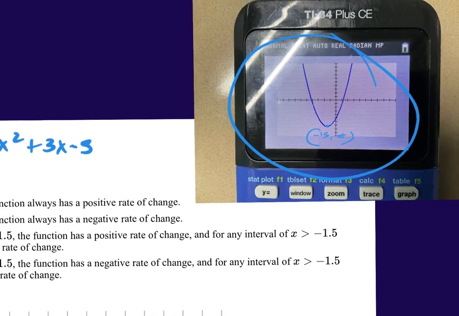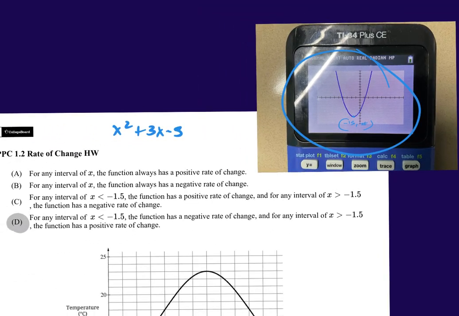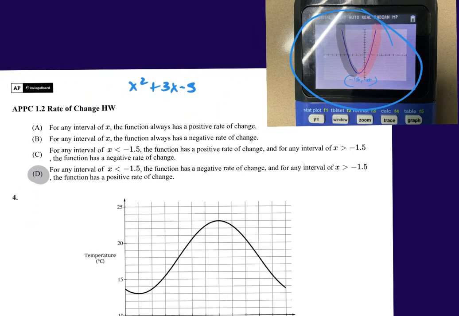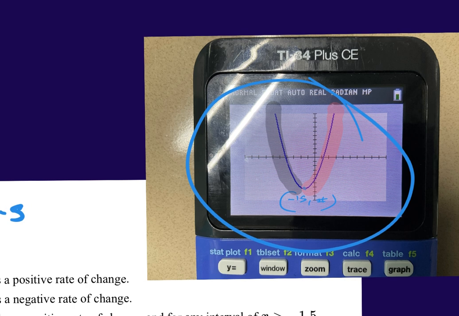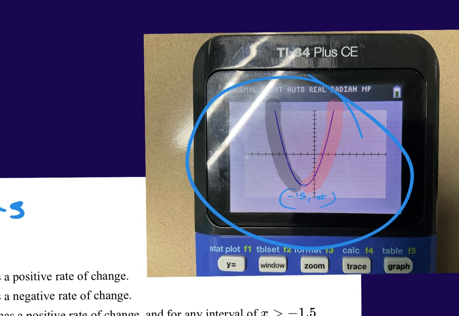And if you look at that, where x is less than negative 1.5, it has a negative rate of change, and where it's greater than negative 1.5, it has a positive rate of change. Always positive is going to be obviously like a line with a positive slope. That would be something like that.